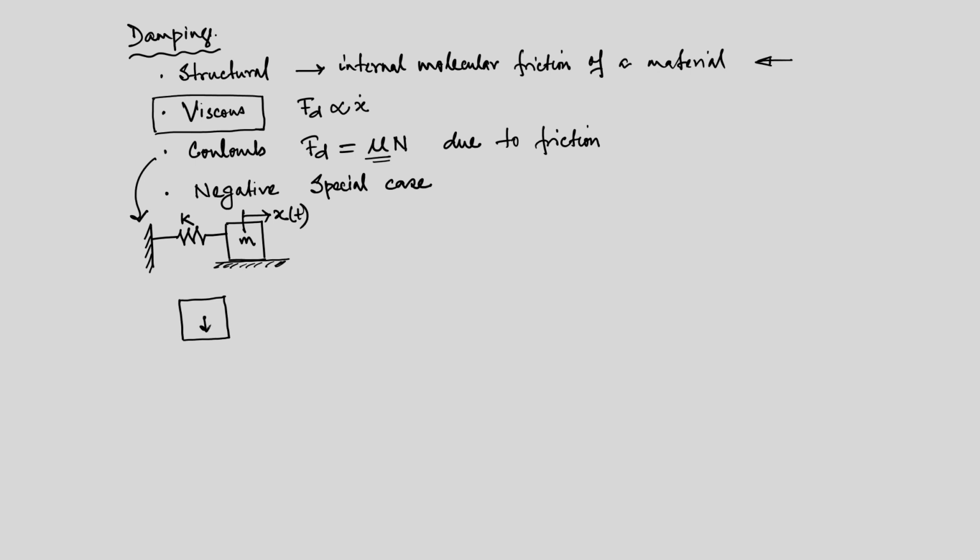Now, if we draw the free body diagram of this mass, we have the weight, that is mg, acting downward. Then there will be a normal force balancing that, and at the interface now we will have the Coulomb damping force.